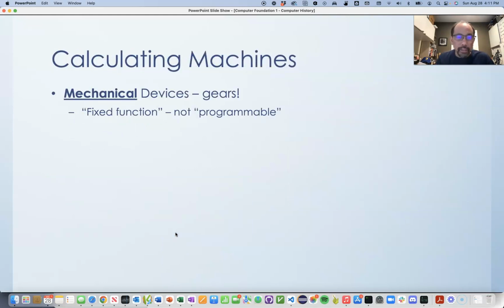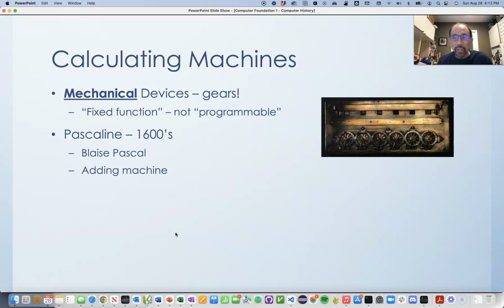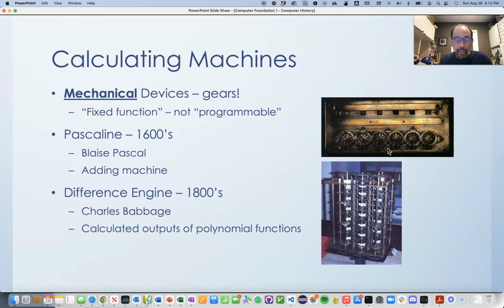People invented things to do calculations for them, and back in the 1600s, a person called Pascal created what's called the Pascaline. It was a fixed function adding machine.